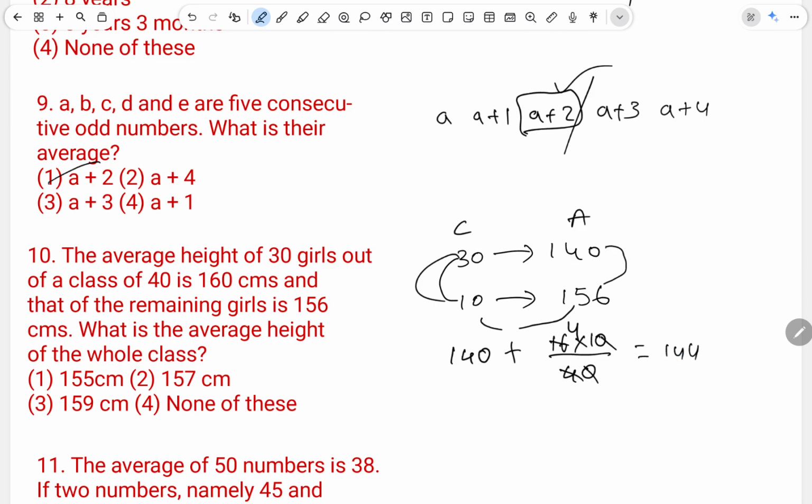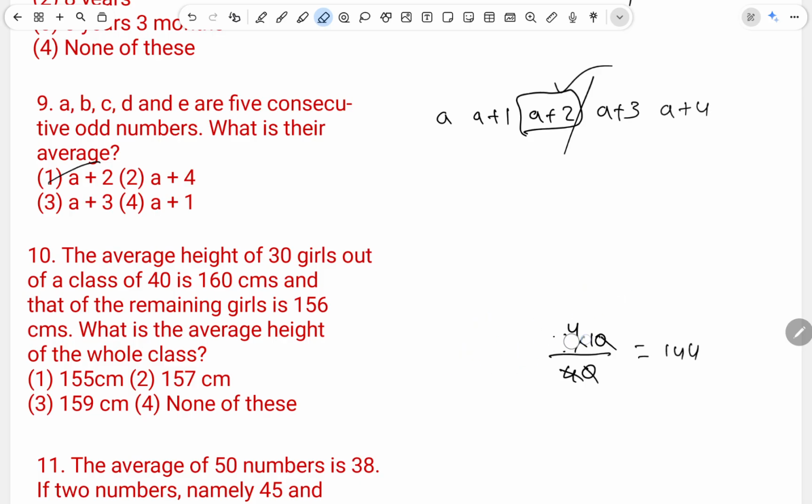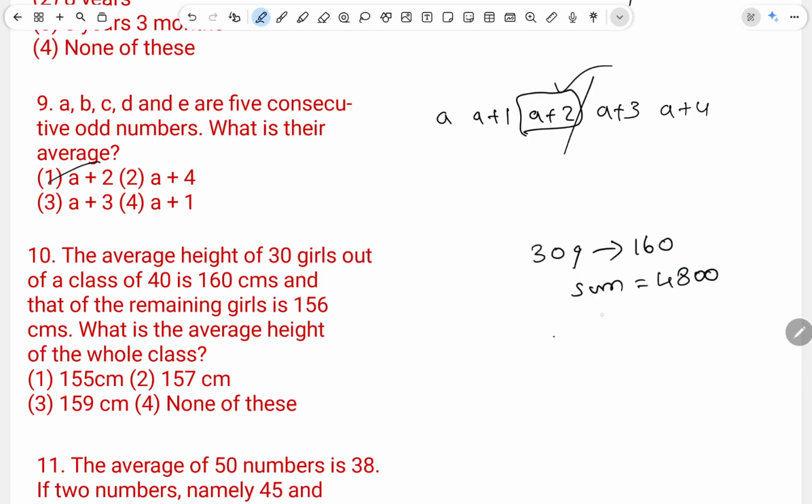What is the average height of the whole class? Okay, we'll do in the normal method. Not to waste the time, we'll go in the normal method. So 30 girls average is 160. Then the sum becomes 4800. The remaining 10 girls average is 156, then the sum is equal to 1560.